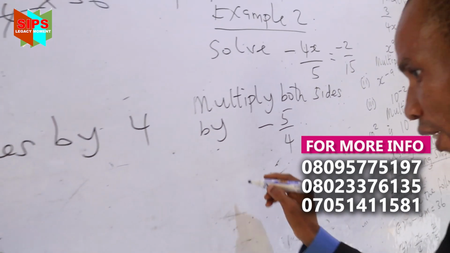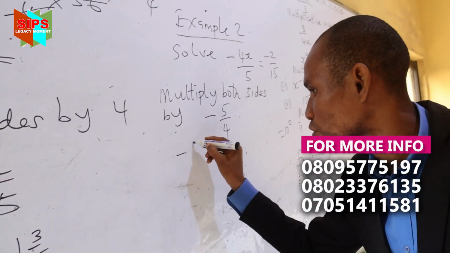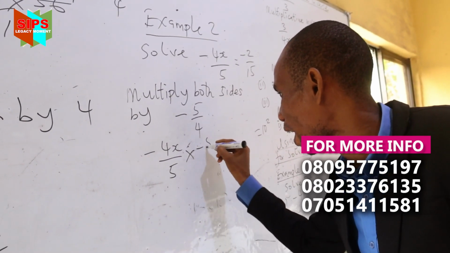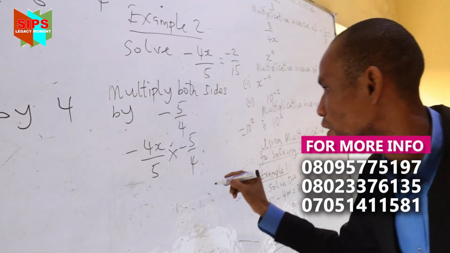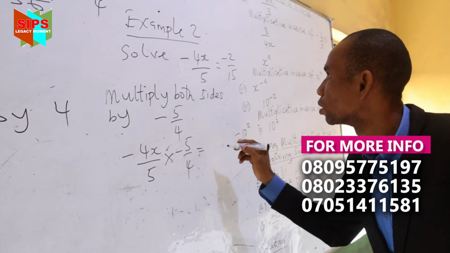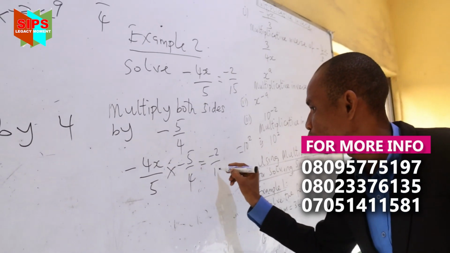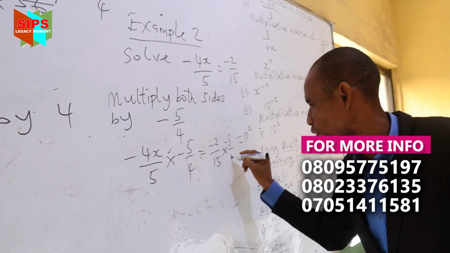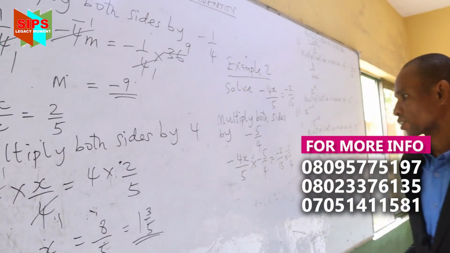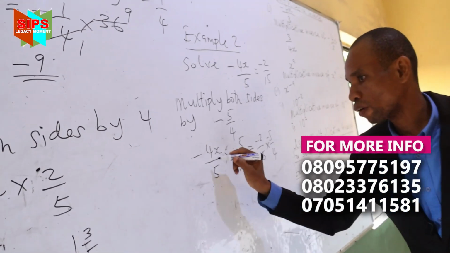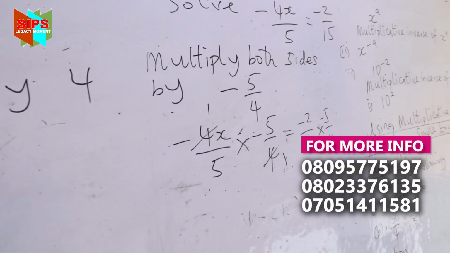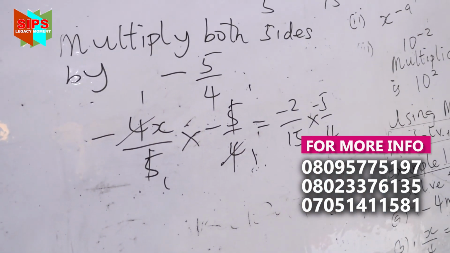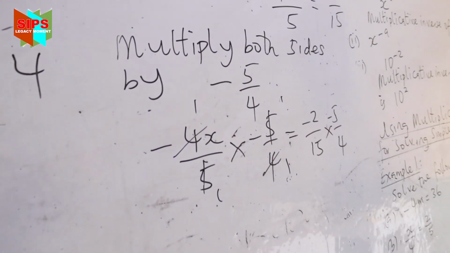So we can say here that minus 4x all over 5 times minus 5 all over 4 is equal to minus 2 over 15 times minus 5 all over 4. Now in this case, 4 here 1, 4 here 1, 5 here 1, 5 here 1, minus times minus, obviously you are having plus.